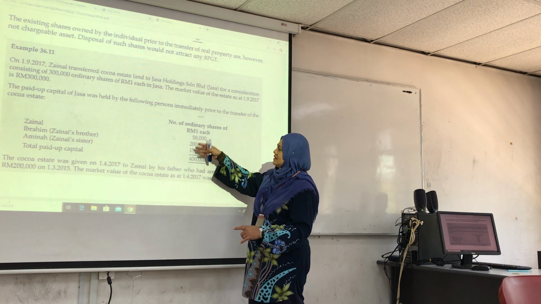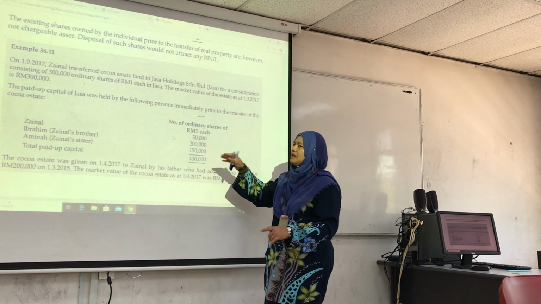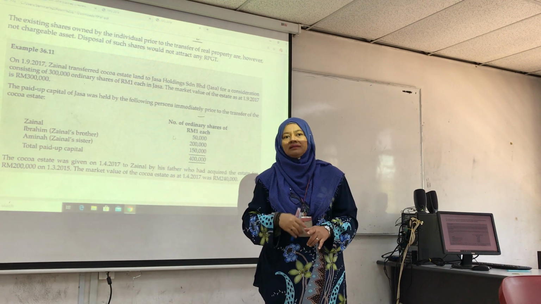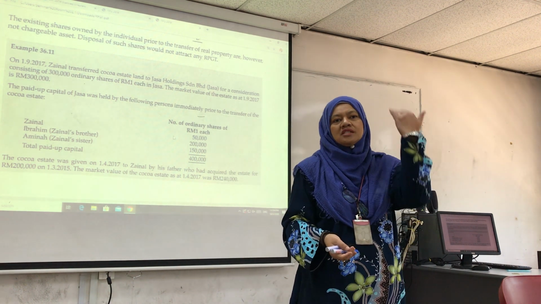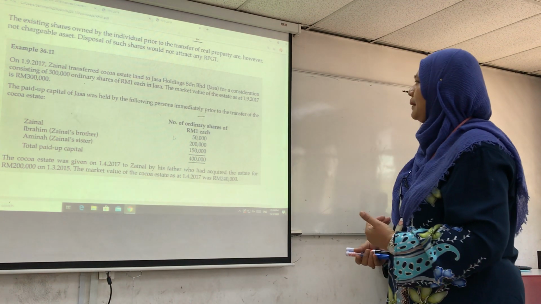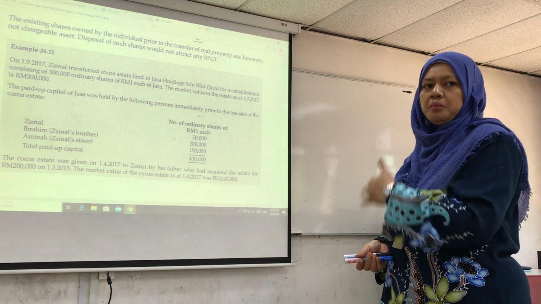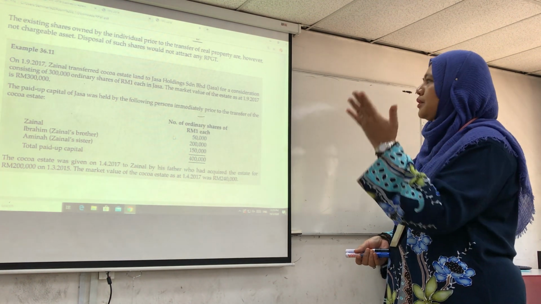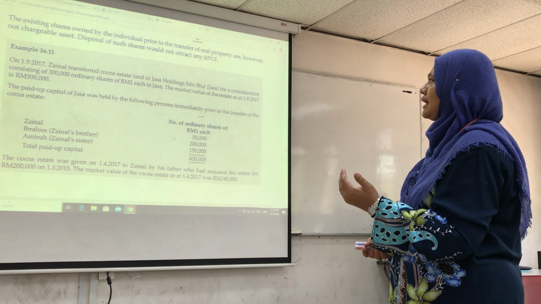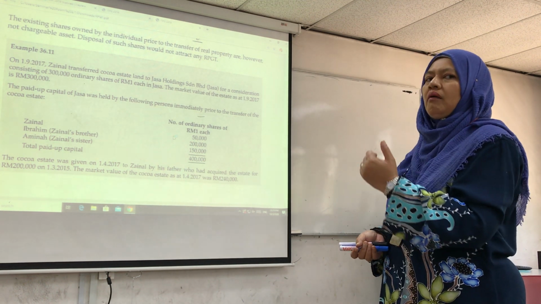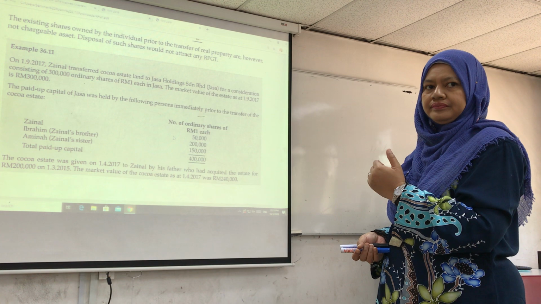So because it's a relative, it falls under a company owned by a relative. So when you transfer the property to the company, it falls under the provision: transfer of property by an individual to a company controlled by him or by a relative.